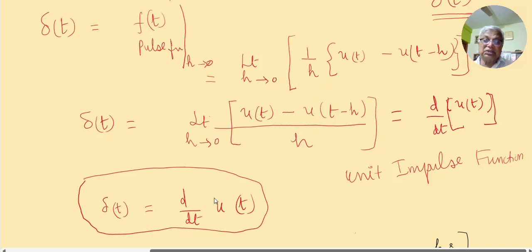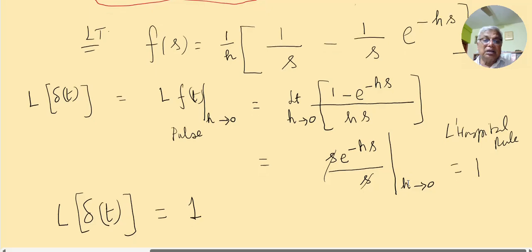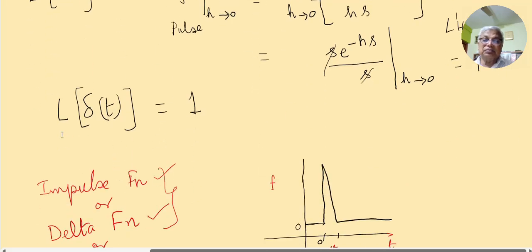And by this equation, we find that the impulse function is a derivative of the step function. And the Laplace transform of delta t, L of delta t, is 1.